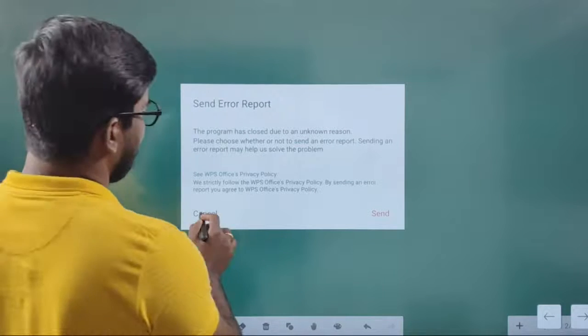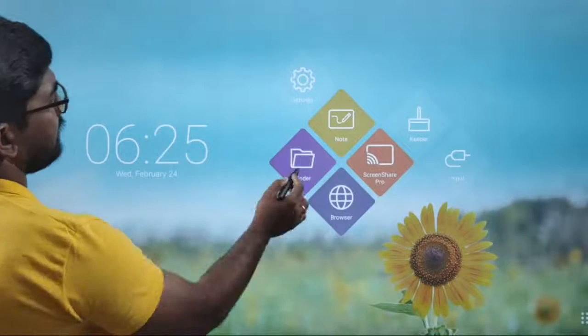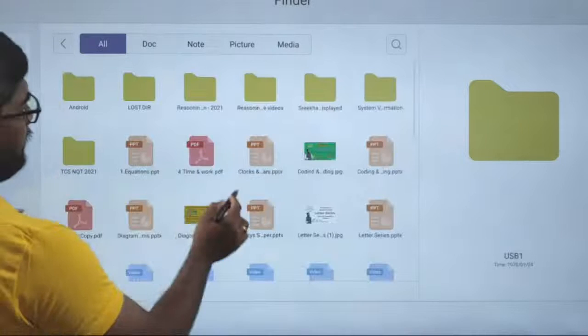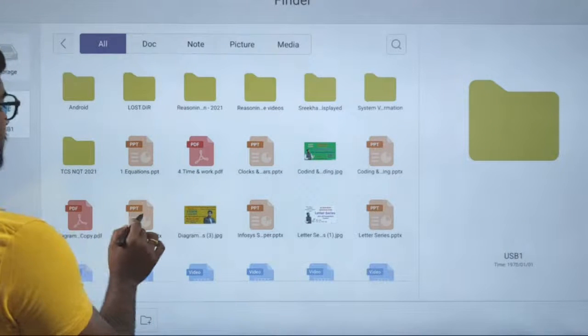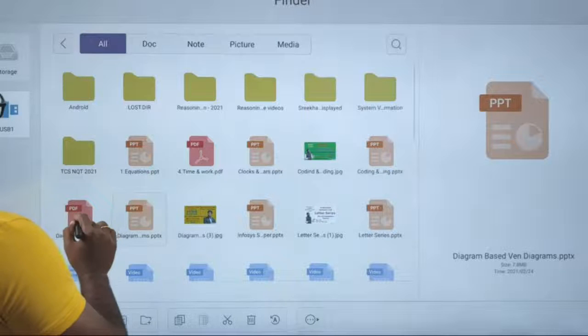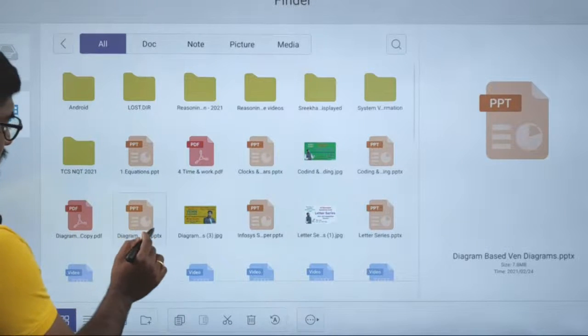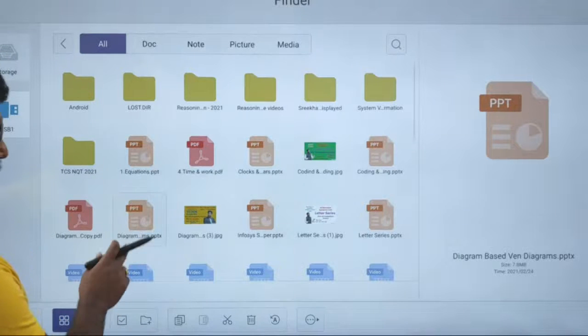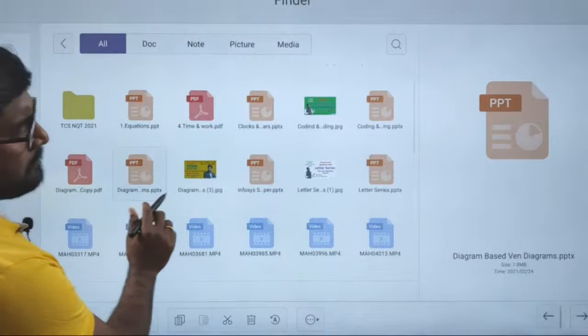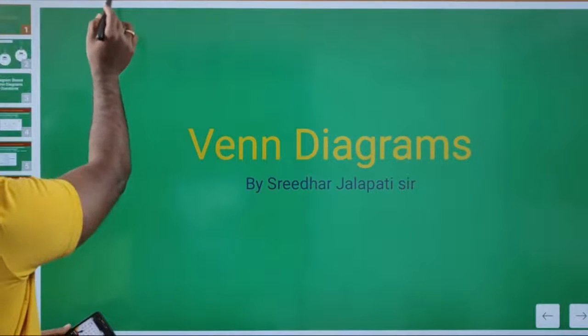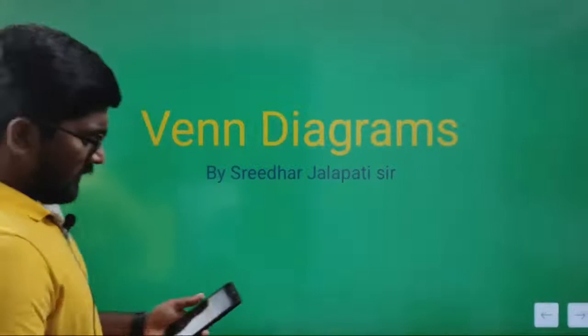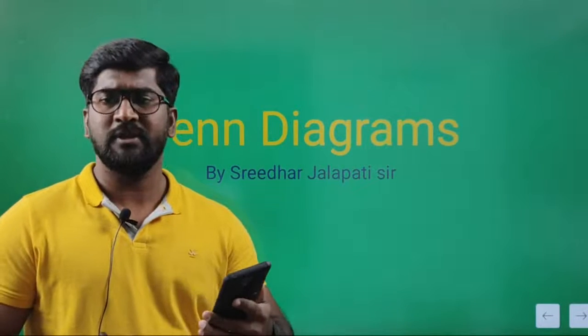The questions. Diagram based Venn diagram questions. Yes, so we'll be discussing different types of questions.